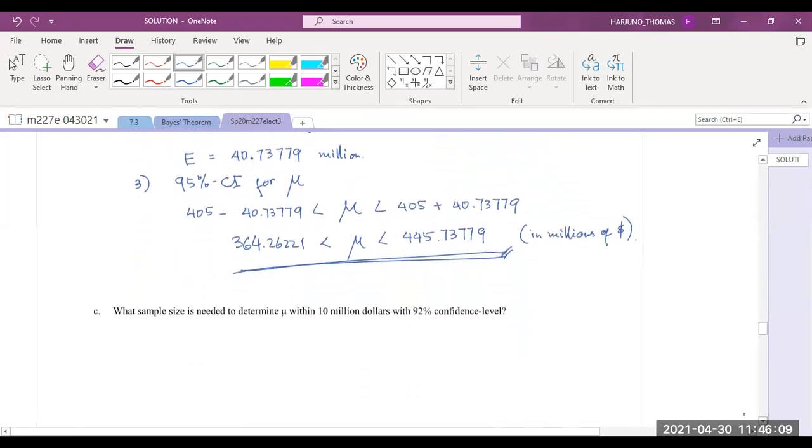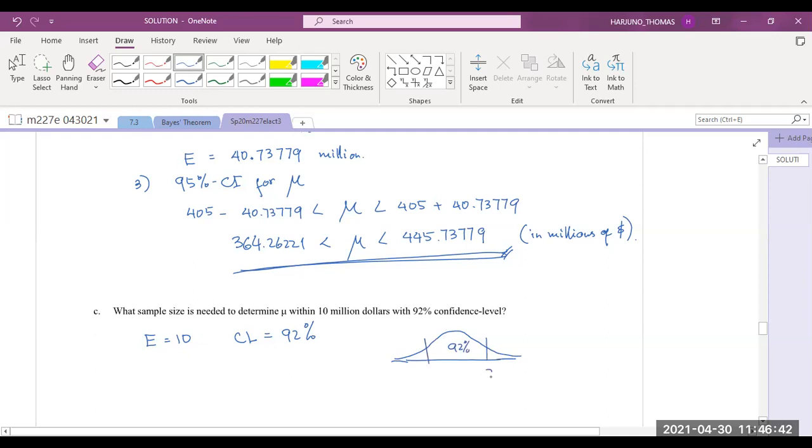Part E. What sample size is needed to determine mu within $10 million with 92% confidence level? So the margin of error is 10. The confidence level is 92%. Okay, first we need to find the critical value. 92% is in the middle, right?